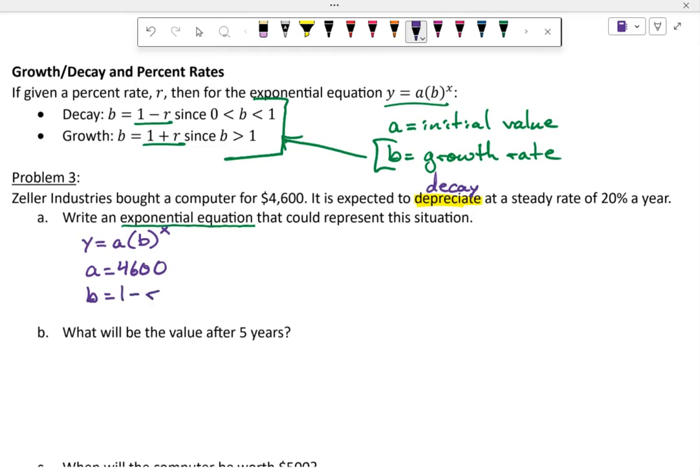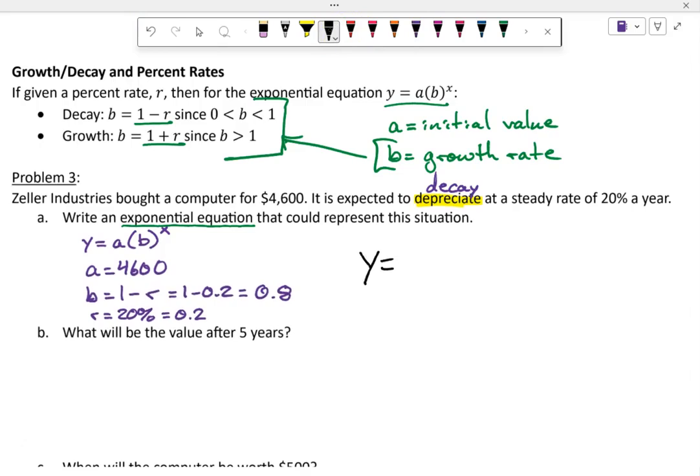Well, what is that r value that we're going to use? What's the rate that we have in there? Not percent, the 20%. What is that as a decimal? 0.20, right? 0.2. So my b should be 1 minus 0.2. What is 1 minus 0.2? 0.8. So can I write an equation then?